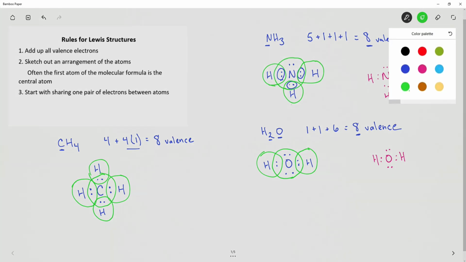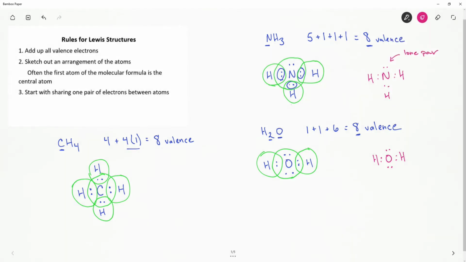Let's rewrite it a little bit neater. So we will have carbon, and it is going to share a pair of electrons with each of the 4 hydrogens around it. This electron needs a little help there. Okay, now you will very quickly get tired of drawing in all of these electrons.